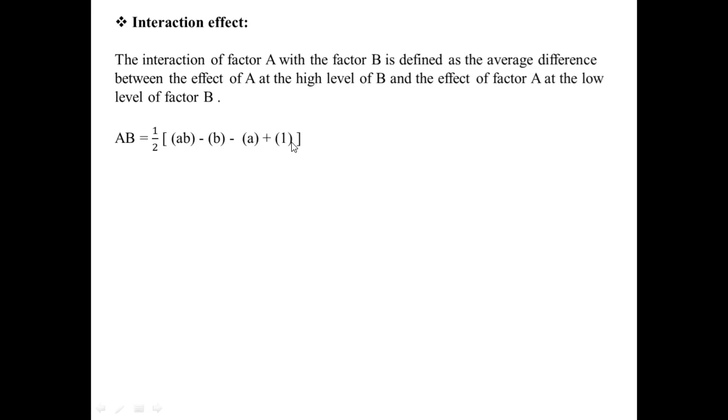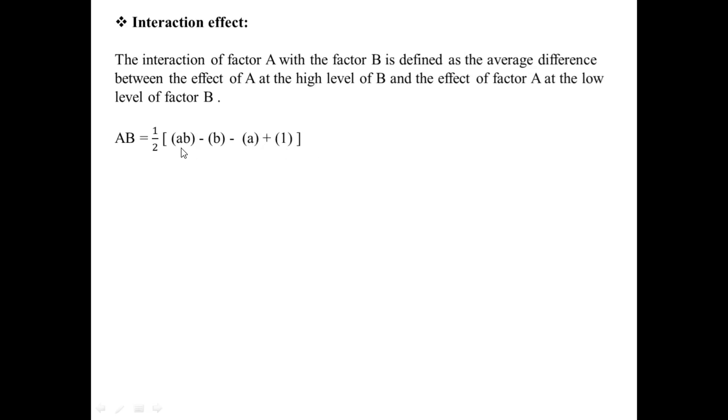So how do we get this? We know that the effect of factor A at the high level of factor B is the simple effect of A. So what is the simple effect of A? It is 1/2 (AB - B). And the effect of factor A at the low level of factor B is (A - 1).